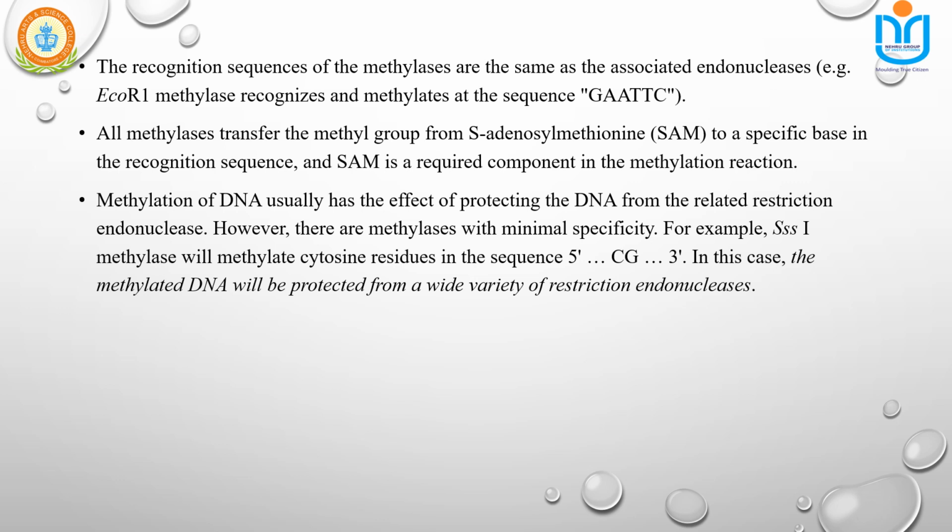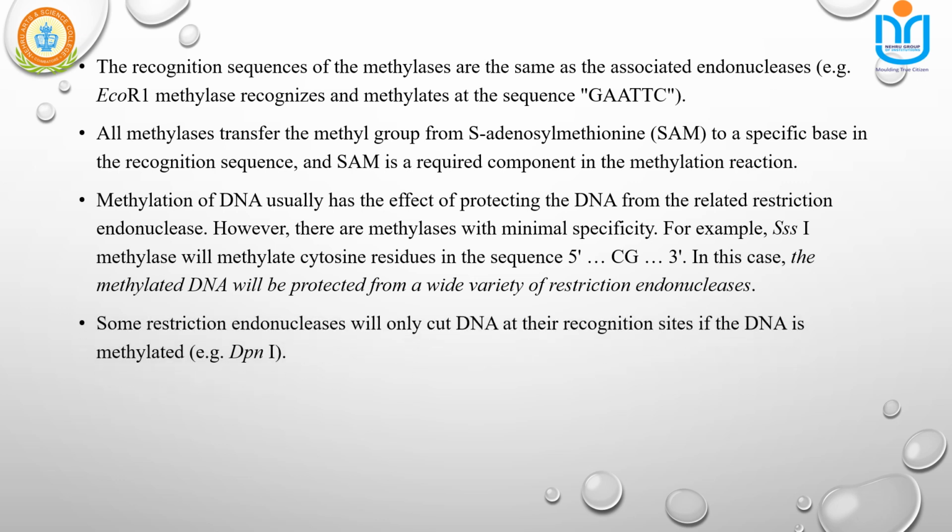However, there are methylases with minimal specificity. For example, SssI methylase will methylate cytosine residues in the sequence 5' CG 3'. In this case, the methylated DNA will be protected from a wide variety of restriction endonucleases.